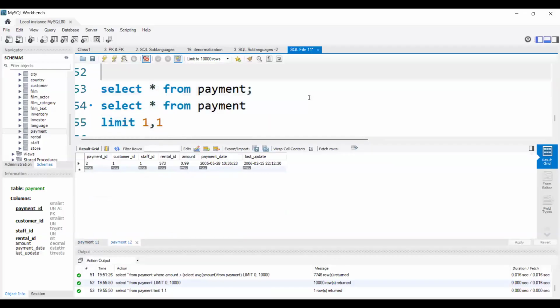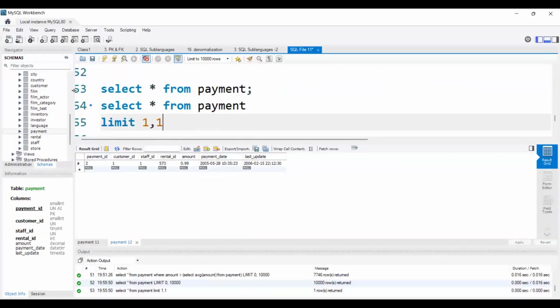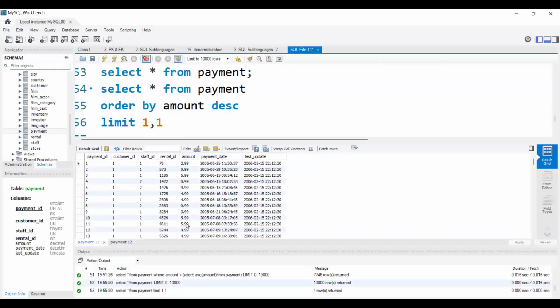But if I say highest or lowest, first we need to use order, right? I need to say ORDER BY amount DESC. This amount column I need to first sort in descending order.